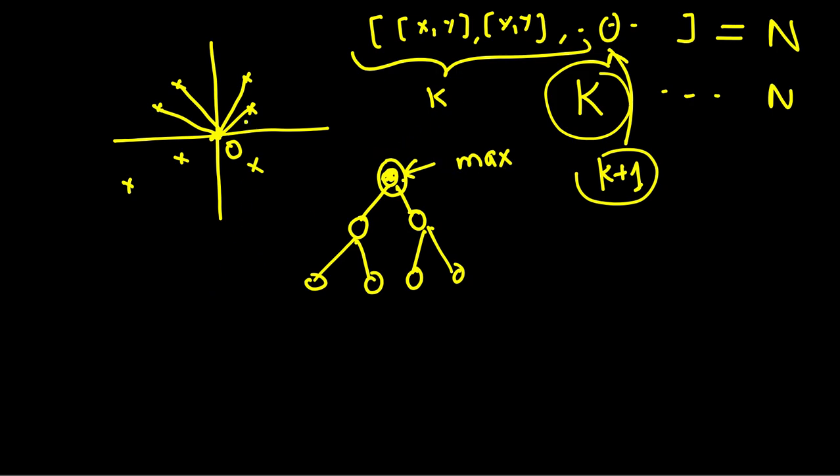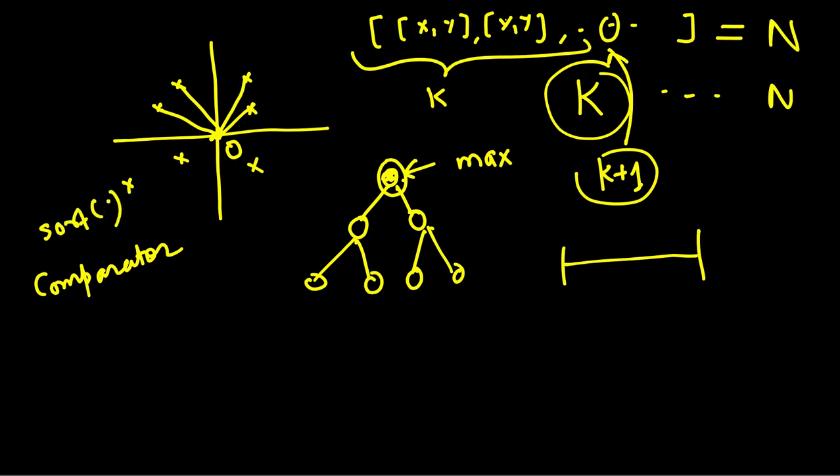At the end of this loop, what is our target? To find k smallest distances. So a very simple thing you can do before even moving to heaps is sort these points based on their distance. So you can provide a custom comparator, and all the languages have a notion of a sort function, some built-in sort function, and it will have some default comparator, but you can provide a custom comparator the way you want to order things.